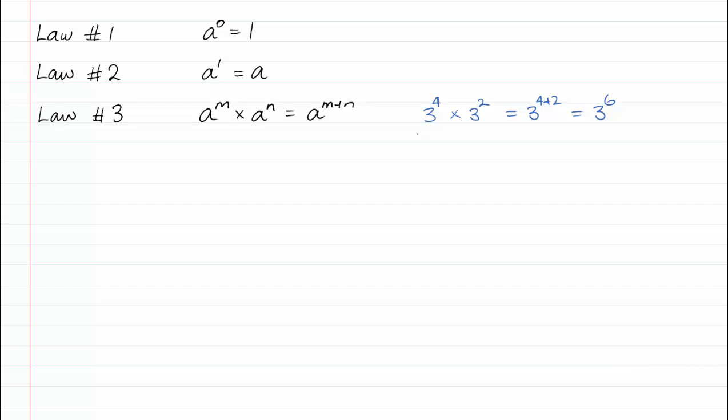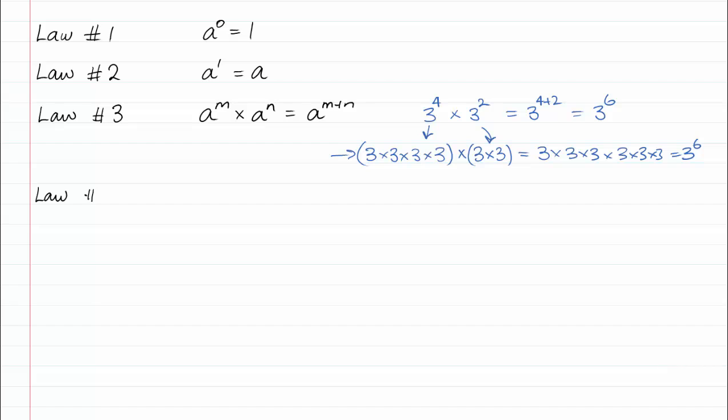And according to what we know of index numbers, this will be equal to 3 times 3 times 3 times 3, that's 3 to the power of 4, times 3 times 3, that's 3 squared, and that of course is equal to 3 times 3 times 3 times 3 times 3 times 3, which is 3 to the power of 6. And you can of course build this argument up algebraically as well.